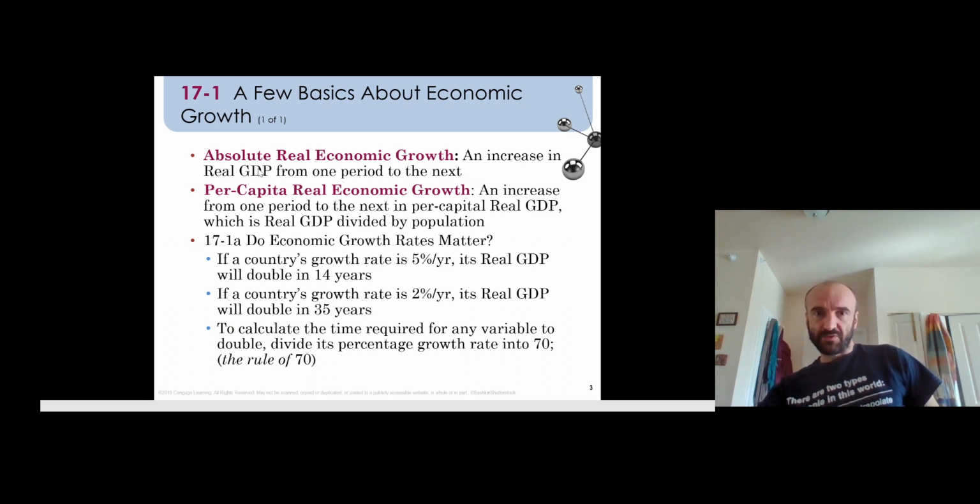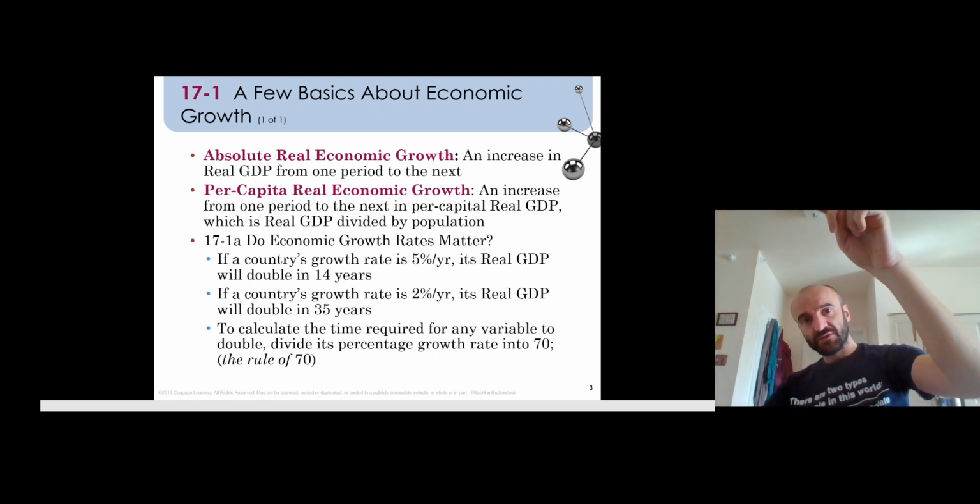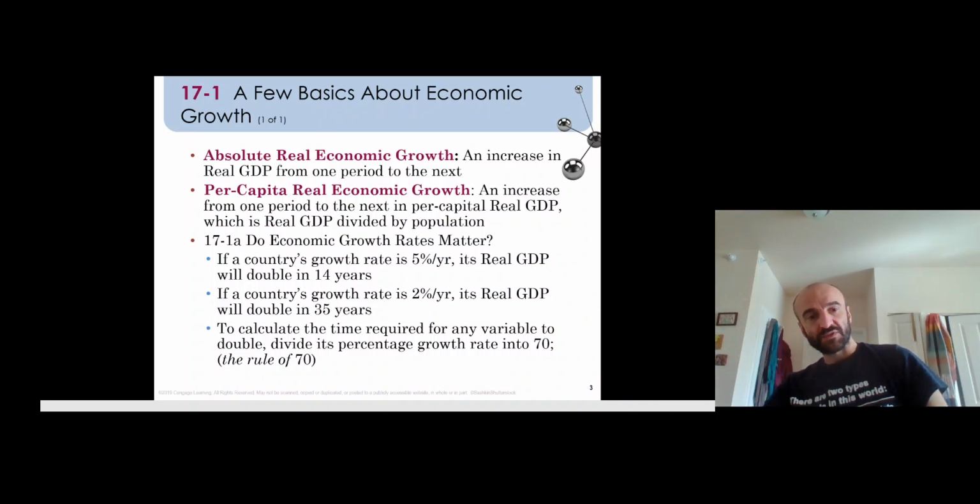The measure of standard of living is real GDP, and economic growth is measured by a change in real GDP from one point to another. So if you have $1,000 of income in 1 year and it increases to 1,100, your real GDP increased 10%. So you can say that your economic growth was 10%.